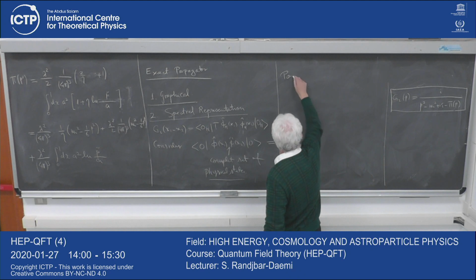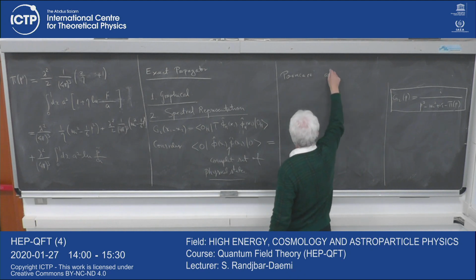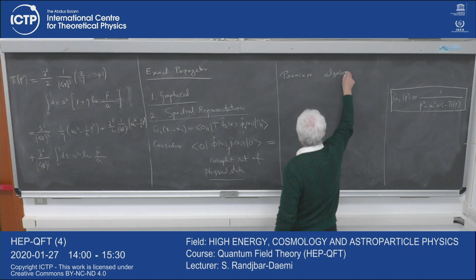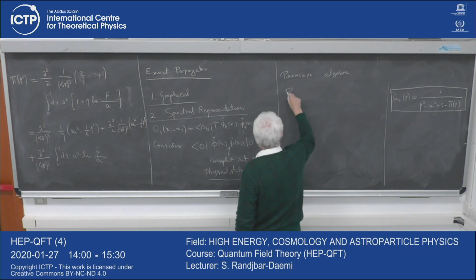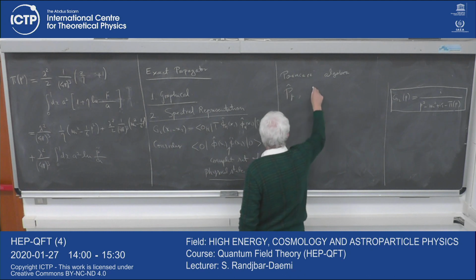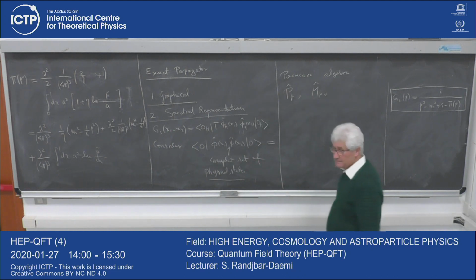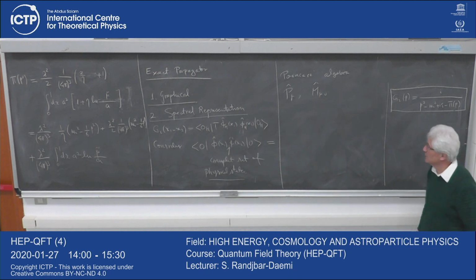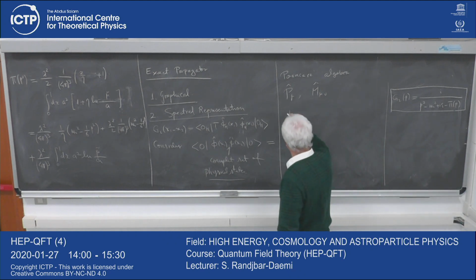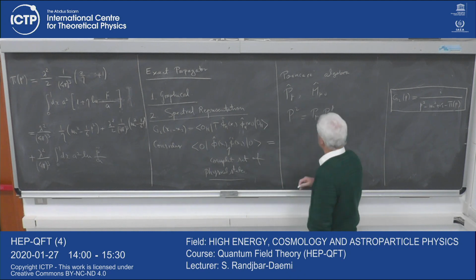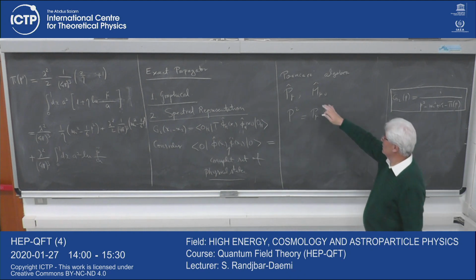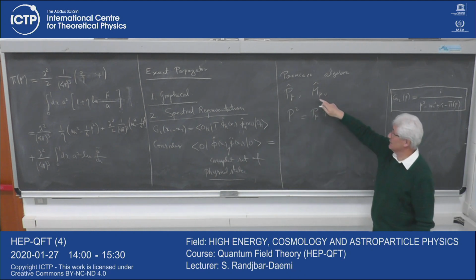Now let me write in terms of equations instead of in terms of words. Poincare algebra. We have P mu, the momentum operator, and M mu nu, the Lorentz generators. Okay? So one of the Casimirs is P squared, which is P mu P mu. The other Casimirs are constructed from the product of this with that.